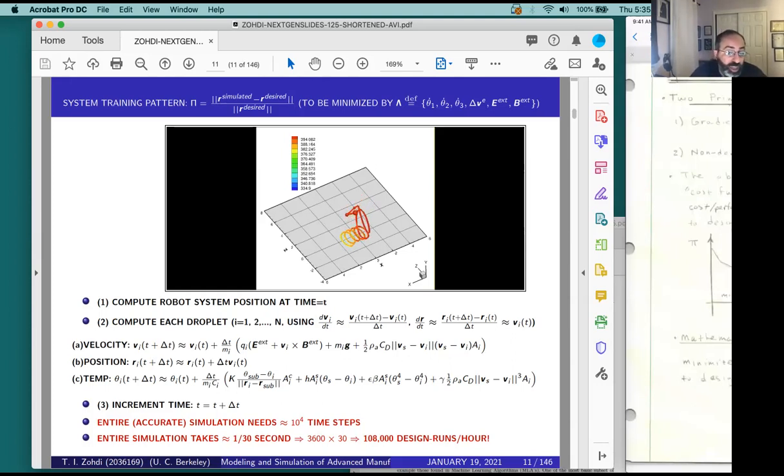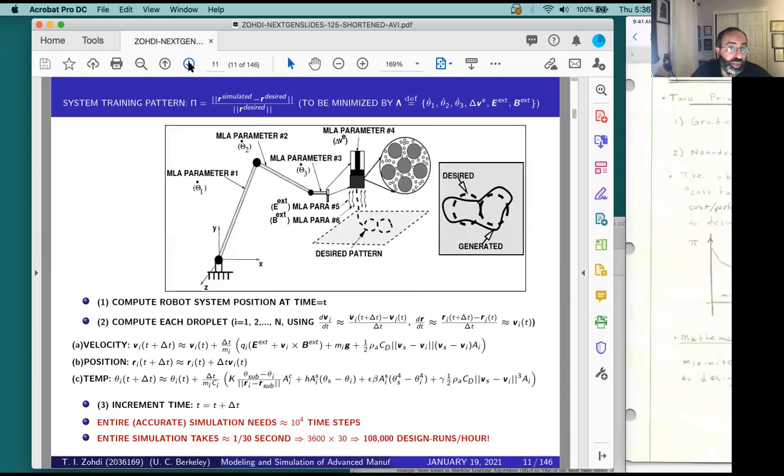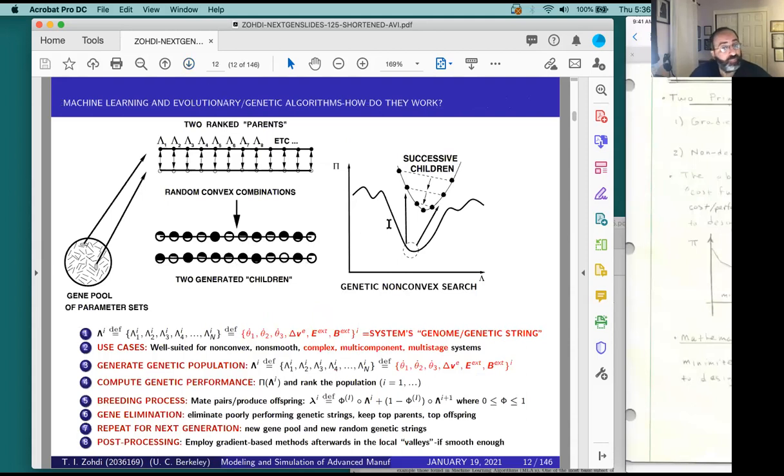Now, the problem is even 108,000, while that may sound like an incredible number, there might be millions of parameter settings that are going to deliver potential candidates for a good robot setting. So even that is not going to be fast enough if I want to do this in a couple of minutes. So this is where our genetic algorithm comes along.